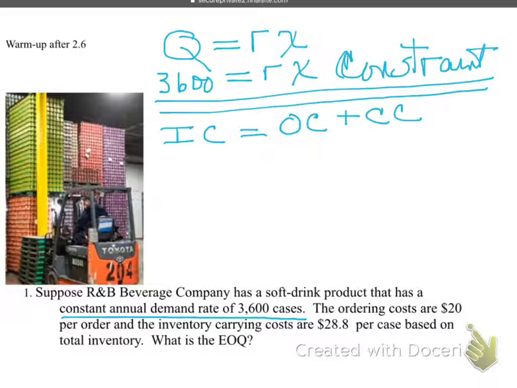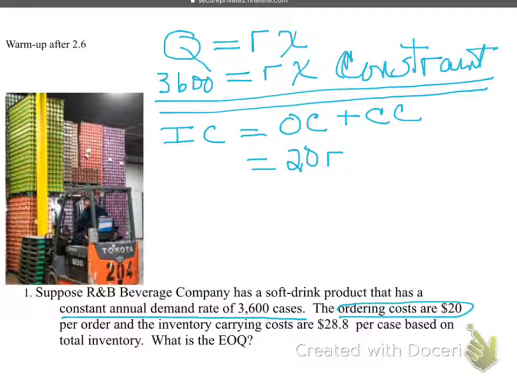All right, the ordering costs are $20 per order. So here comes ordering costs. It's $20 for every order I place, and the number of orders is R. All right, that's done. Okay, then we go on. So here was the ordering costs.